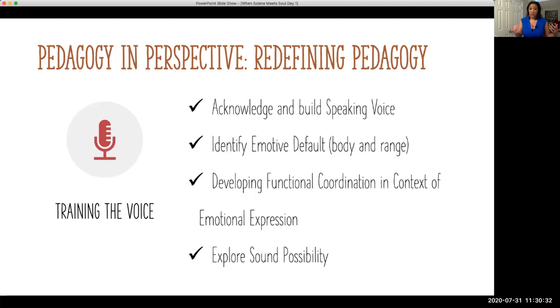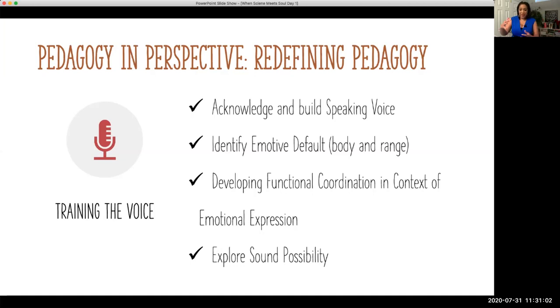Therefore, there are so many textures and sounds and nuances that can be captured and used that are not even in the pedagogic structure of other styles, because they can't be part of the sound. You can't put that in opera. Who's going to hear that?